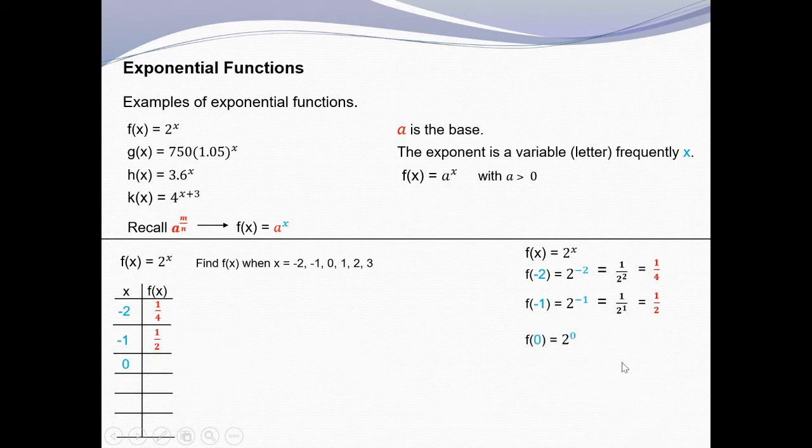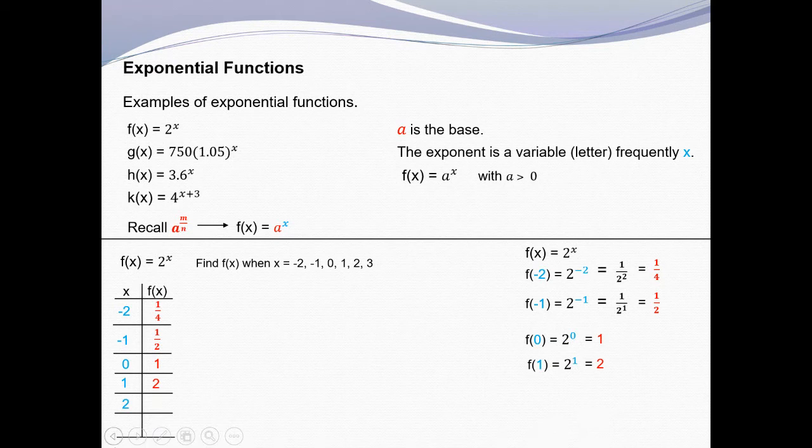Now let's try 0. f of 0 means we're going to plug in 0 for the x. Anything to a 0 power will always equal 1. So when x is 0, y is 1. Let's try 1. f of 1 means I'm going to plug in 1 for the x. So 2 to the first power is equal to 2. So when x is 1, y is 2.